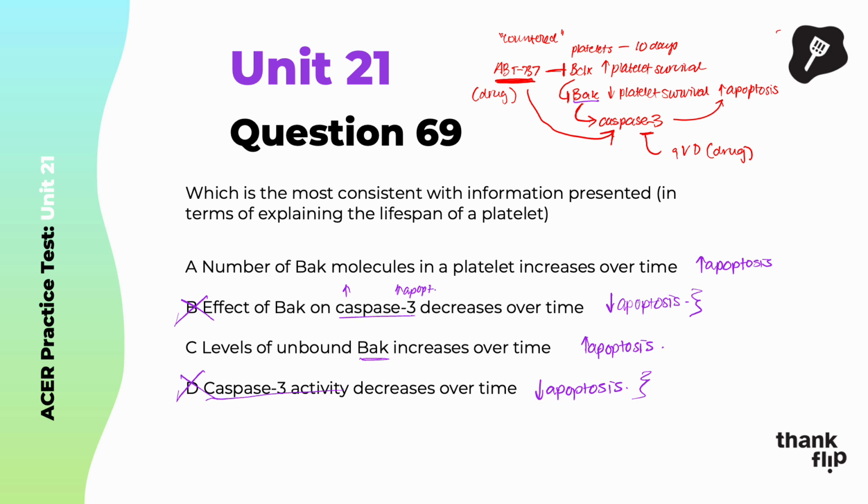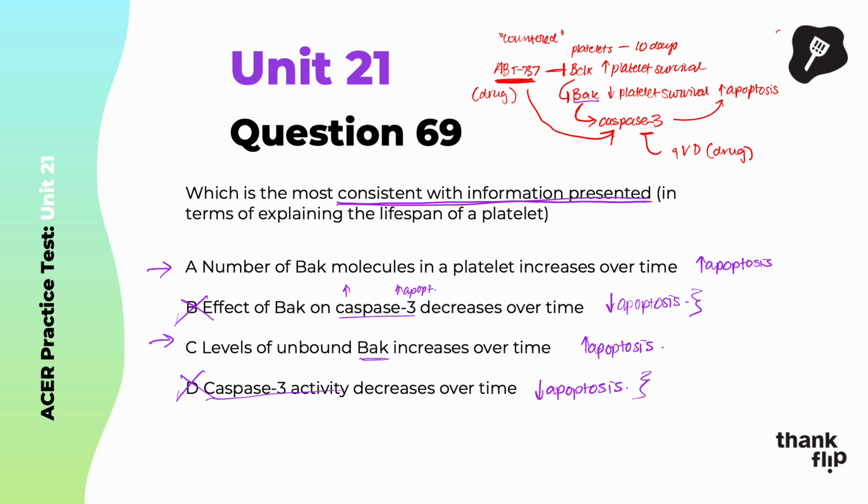Because if apoptosis decreases over the lifespan, that means that they'll be kind of immortal. Okay? So now we have to compare options A and C, and which is the most consistent with the information presented. This is very important.